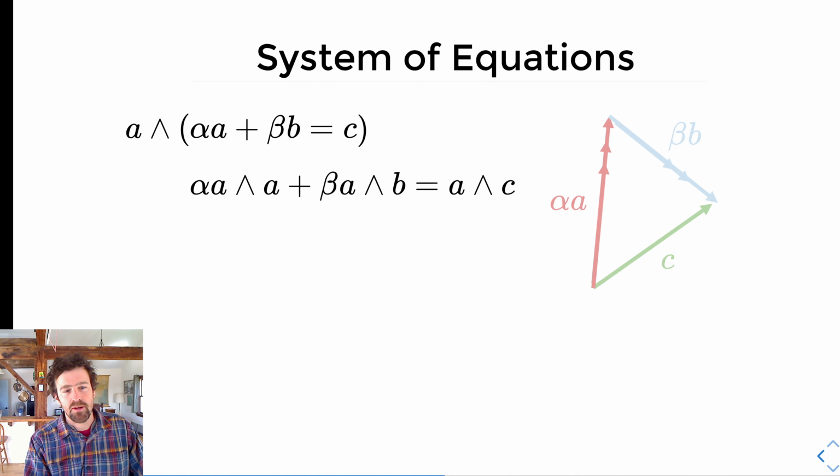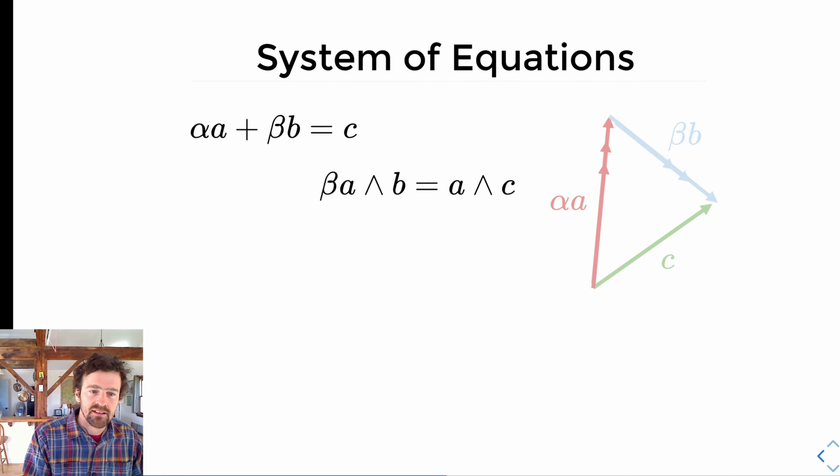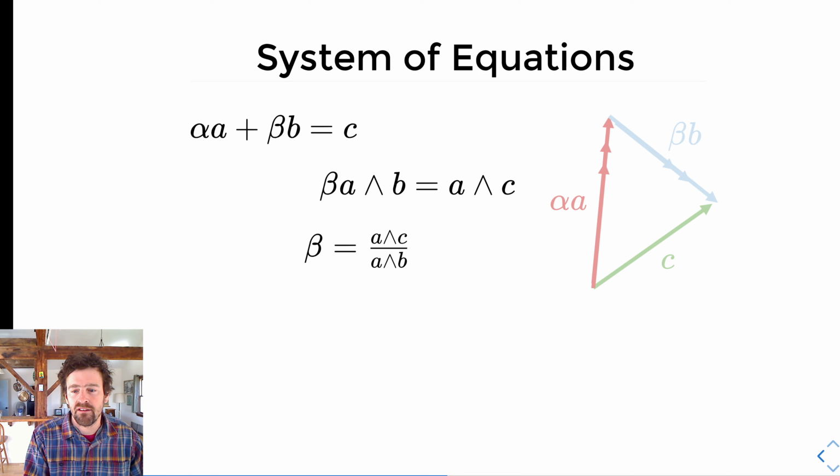We can solve this in geometric algebra by wedging the whole equation on the left by A. That gives us this expression. Since the A's are parallel, the outer product vanishes, and we're left with this. Then we can solve for beta as this ratio of these outer products.